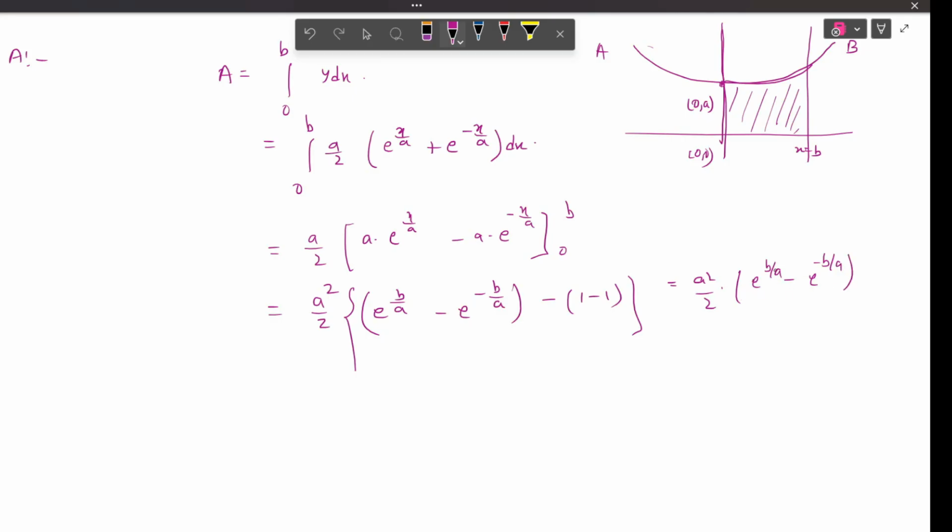Okay. So this is your required area. Okay.